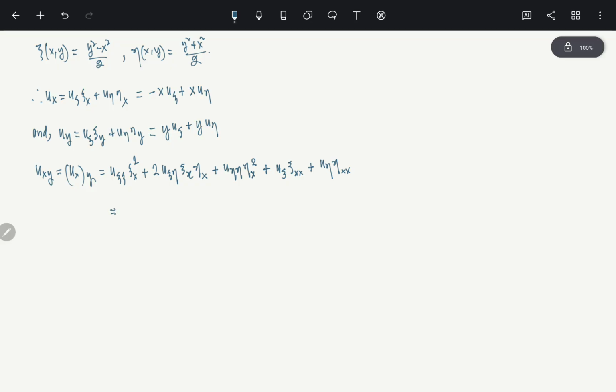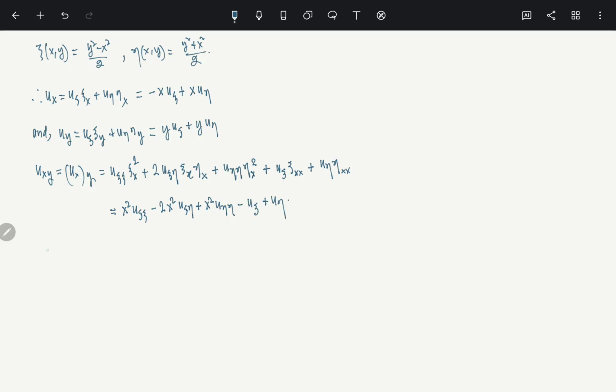So now, what is u xx? You do realize it is going to be x square. Since xi x is minus x, it is x square essentially. So it is x square u xi xi minus 2x square u xi eta plus x square u eta eta minus u xi plus u eta.